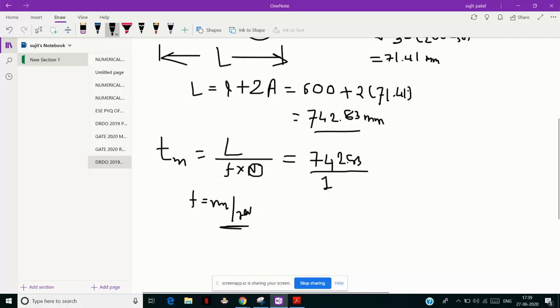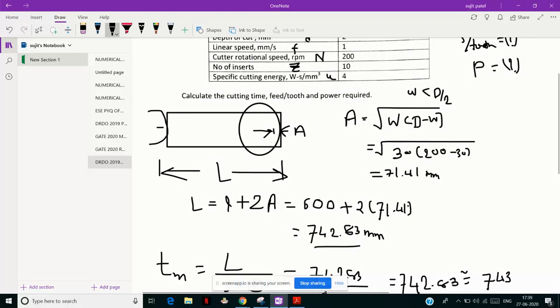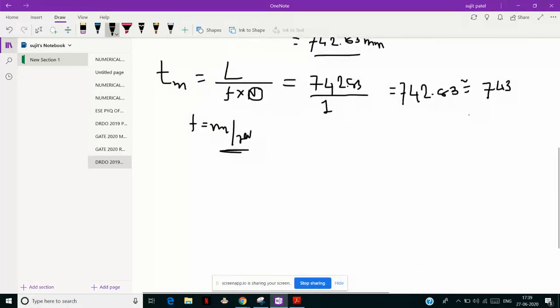Here the feed is given directly, so our machining time is 742.83, near to 743 seconds. There is no specific mention of second or minute for cutting time, so we will put it in seconds only.